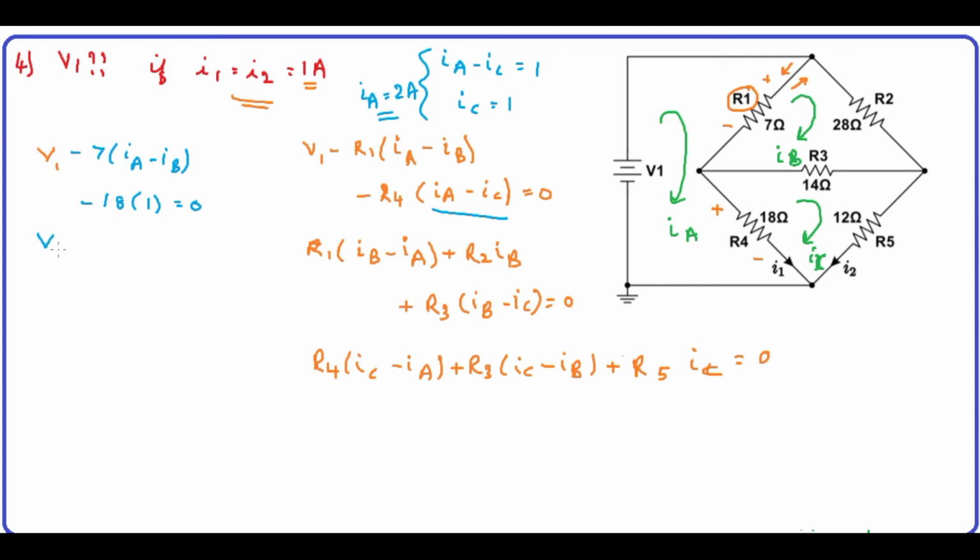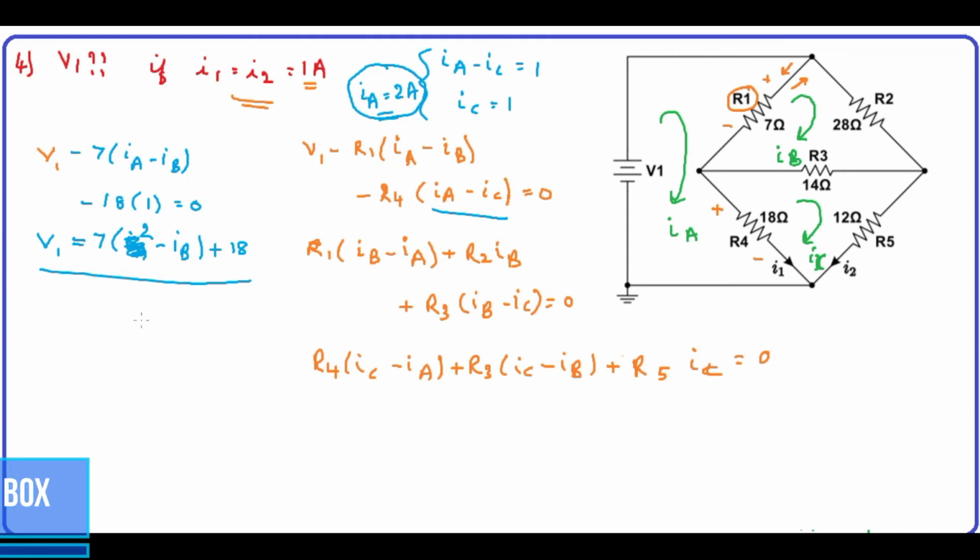This equation will become 7 into IA minus IB plus 18. So IA is already obtained as 2 ampere, so let me write 2 ampere here, and IB is remaining. If IB comes, it will be over.